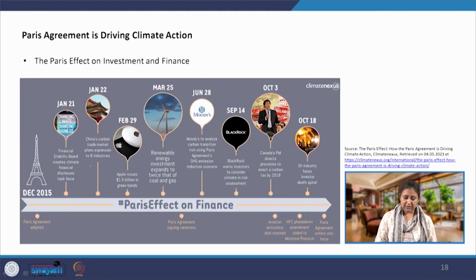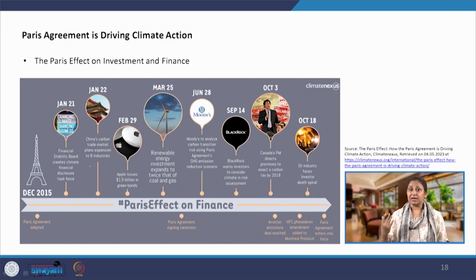If we look at investment and finance, we clearly see that the carbon trade is expanding. There are industries, emitters who are reducing their greenhouse gas emissions, and they are taking the savings to the international market and trading them to make economic sense of this entire activity.